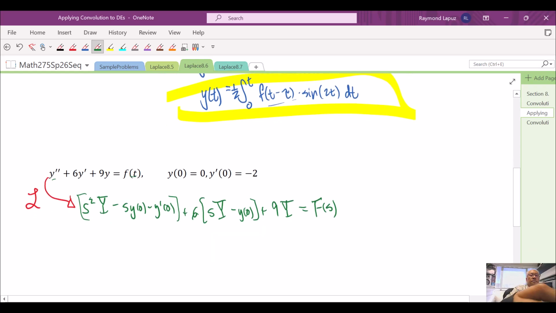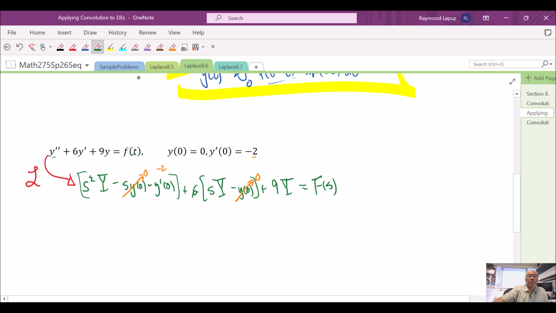All right, let us gather some information here. y of 0 is equal to 0. That's great. y prime of 0 is equal to -2. So negative will be a +2 on this side, but we're going to bring it over to the right side. So that will be a -2 again.